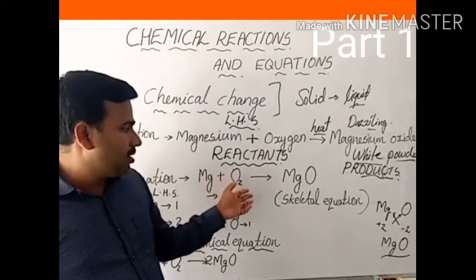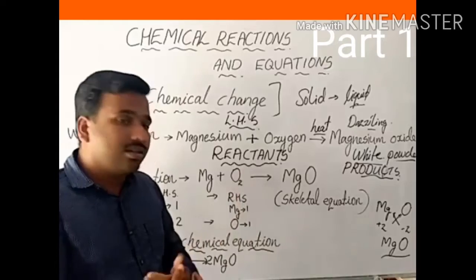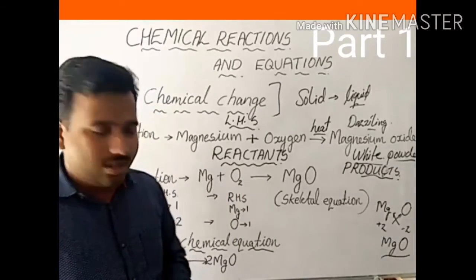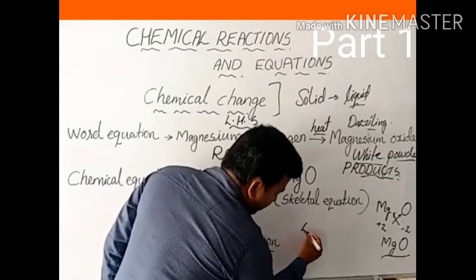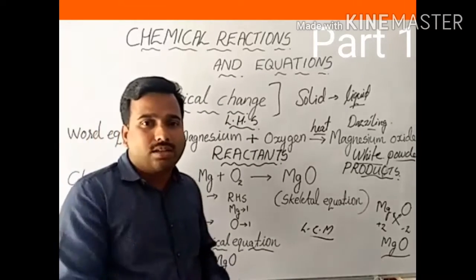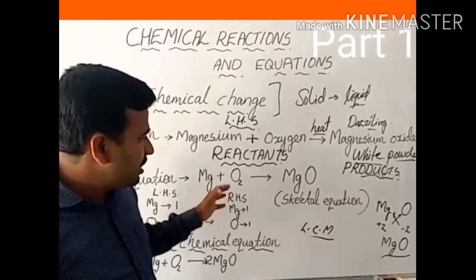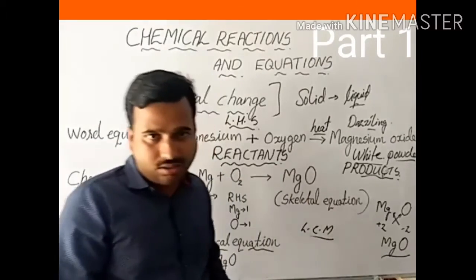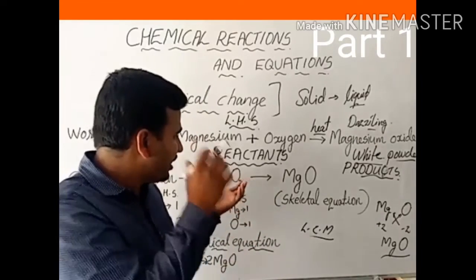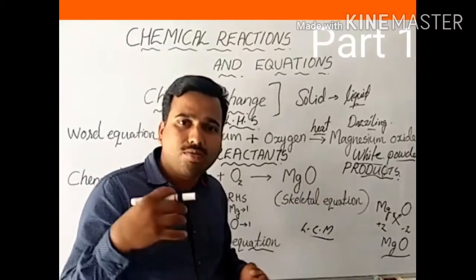So when you look at this particular chemical equation, there is one more law regarding chemical reactions that we studied last year. That is the law of conservation of mass, which states that during a chemical reaction the total mass of the reactants will be equal to the total mass of the products.